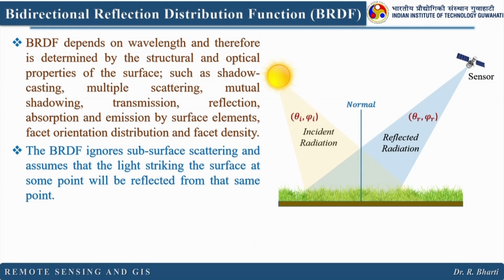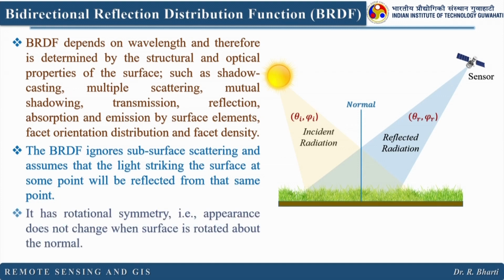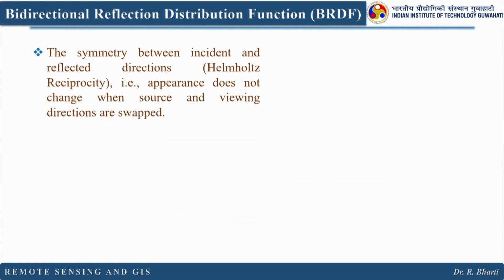This is the fundamental of BRDF, and it has rotational symmetry. That means appearance does not change when the surface is rotated about the normal. There is also symmetry between incident and reflected direction, that is, appearance does not change when source and viewing direction are swapped. So, there is no difference if you swap the source and sensor.